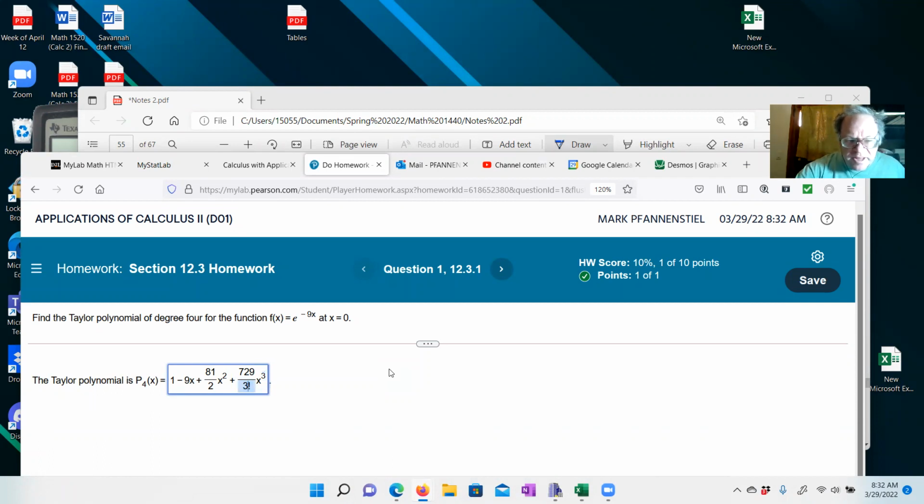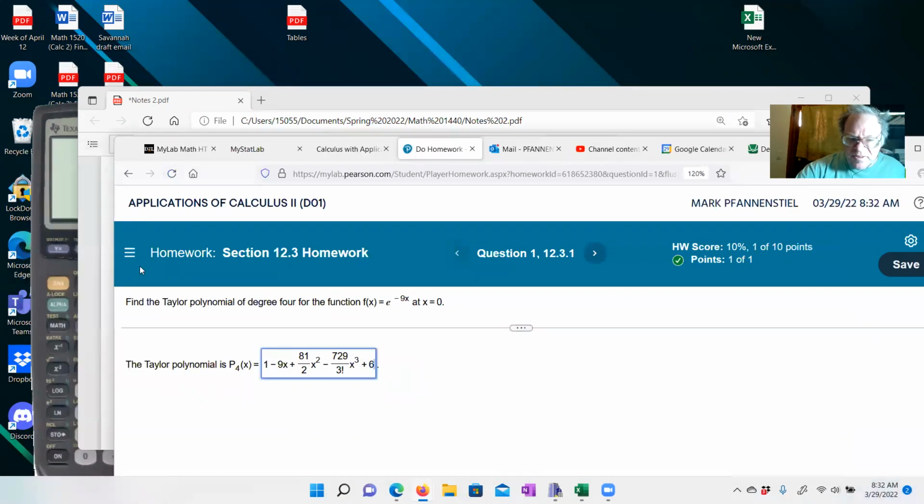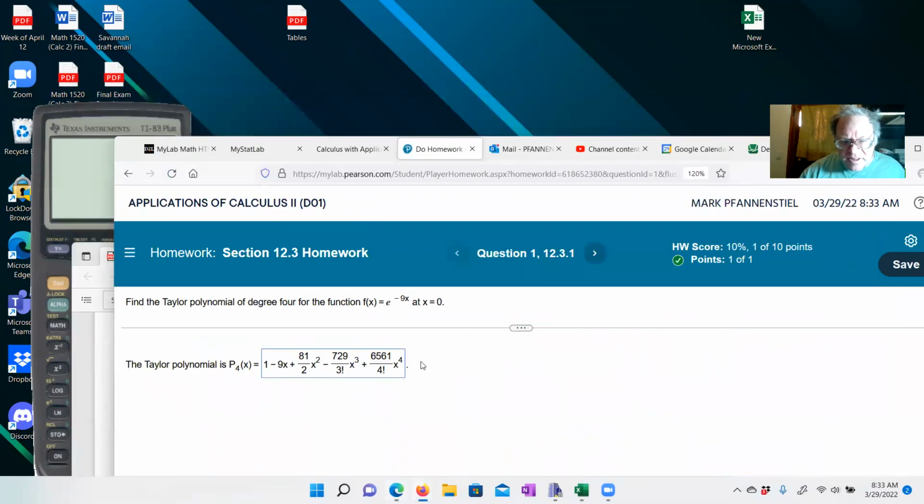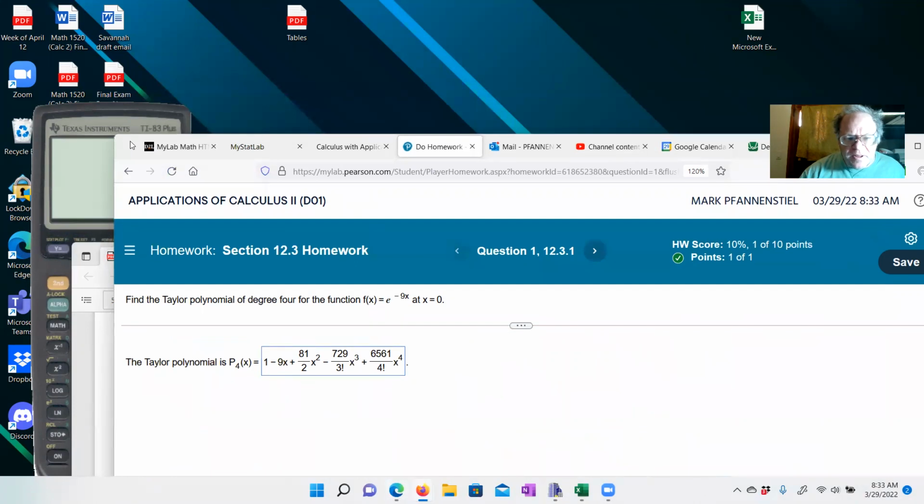Oops, that should have been a minus. Yep, that should have been a minus. And finally at the end, I'll check my coefficient here, that's 6561 divided by 4 factorial, x to the 4th power. That should be our approximation, provided I typed everything correctly. Check.